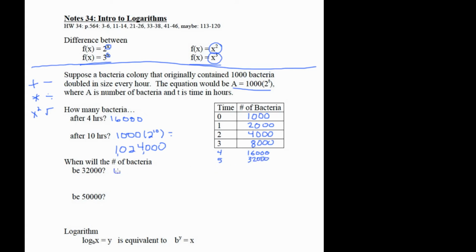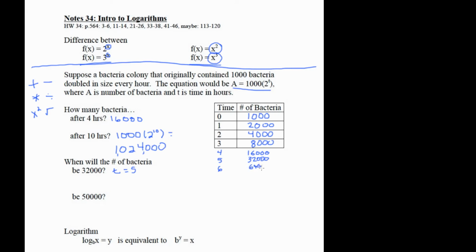So when time is 5, we'll have 32,000 bacteria. Well, how about 50,000? If you continue your chart out, the next one would be 64,000. So you know it's going to be somewhere in between 5 and 6. We don't really know where.